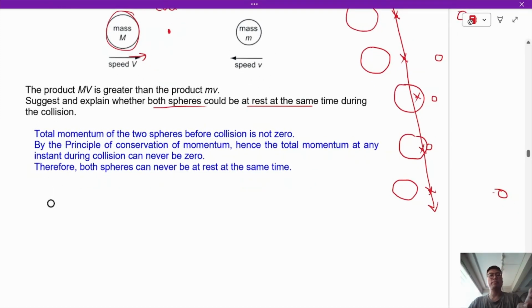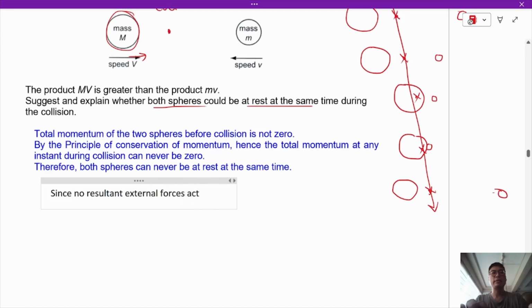The answer is no. If this is an isolated system, since no external resultant force acts on this system, and you must always write this, the total momentum is conserved.